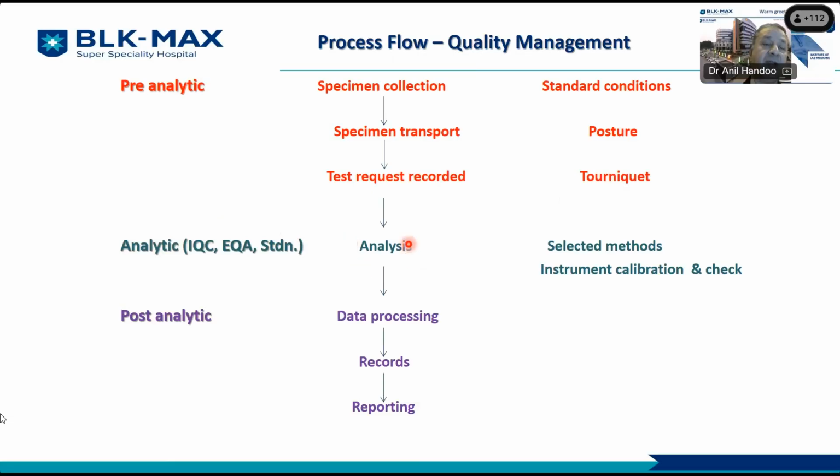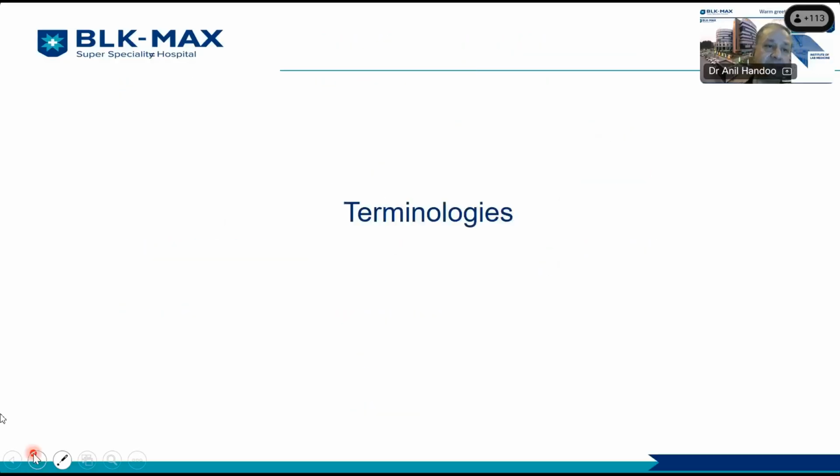We analyze the sample, and for doing the test we should have selected the right methods, the right instrument calibration, and the checks. Finally, post-analytical involves processing the data and records, and preferably, if we have LIMS, the transfer of data from the instruments into the laboratory information system to give the report to the patient without any major challenges.